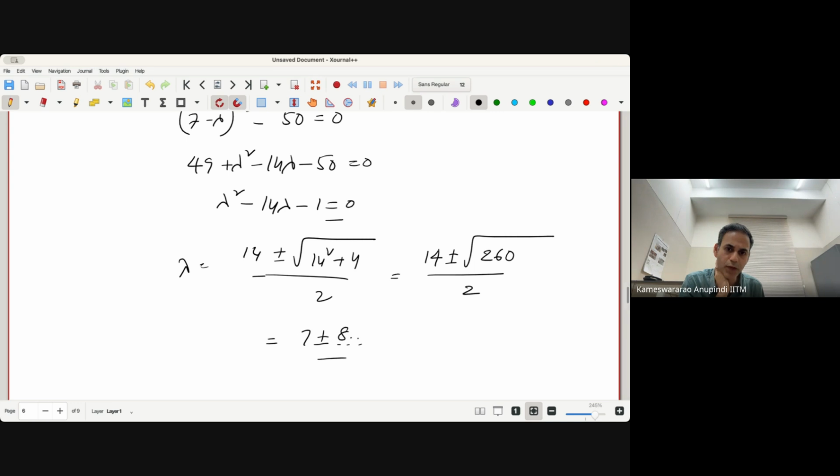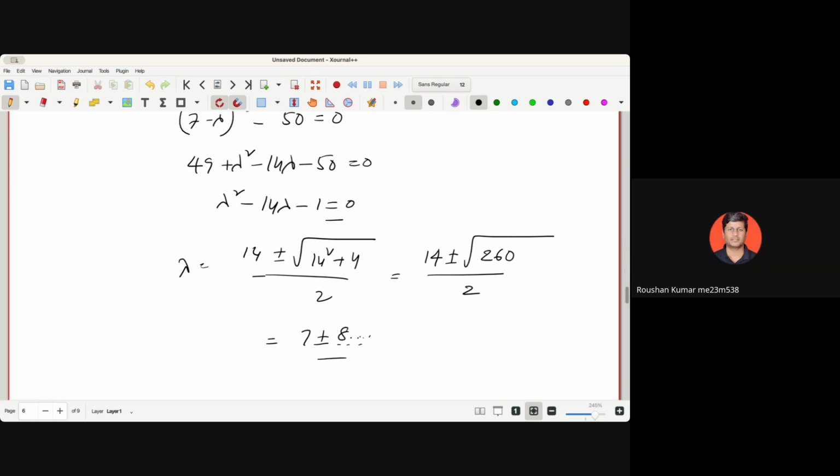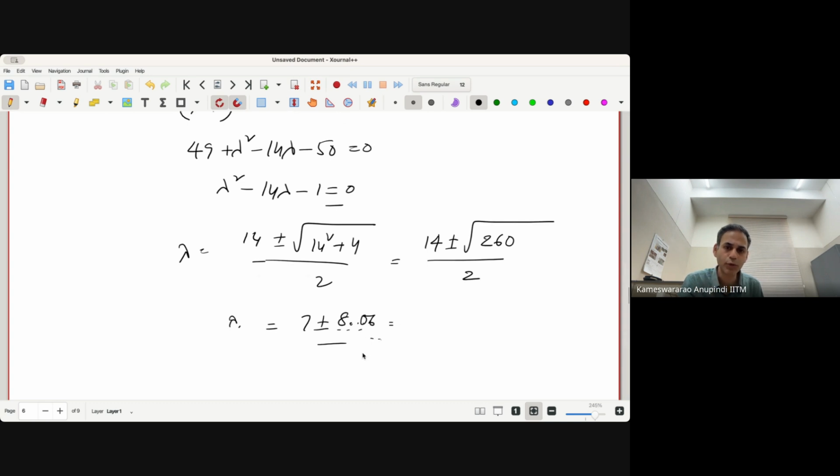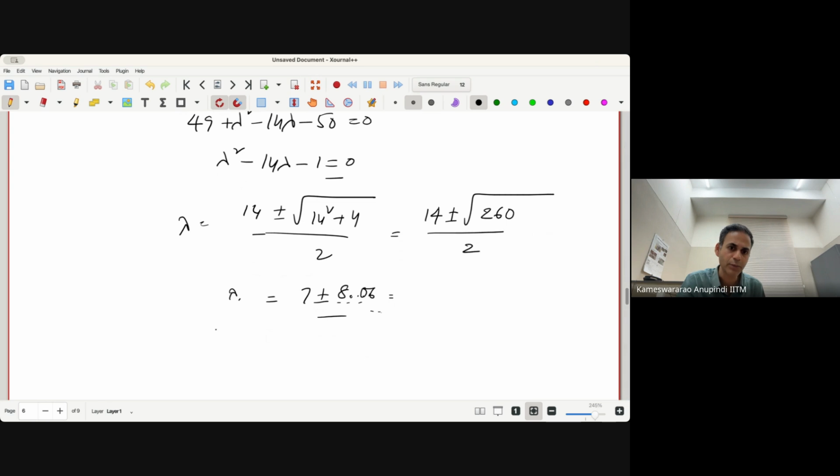That is some 8 point something, yeah, 8.06. You'll get some value. Okay, you can check that. So this will also come out to be a few hundreds. The lambda max and lambda min also will come out to be a few hundreds.